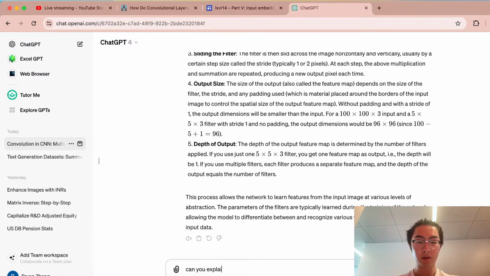Can you explain the element-wise operation further? Does the 5 by 5 filter have the same weights across the 3 channels?